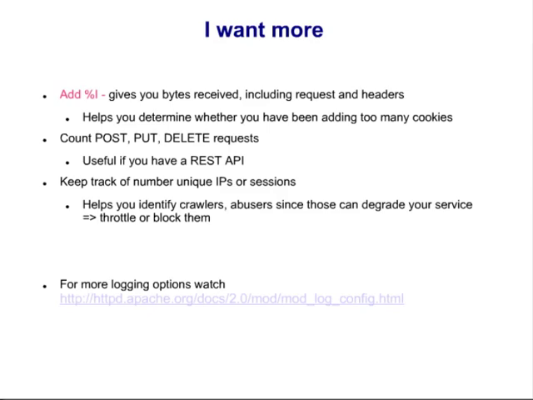So this may not be the most efficient way to do it. So that's why you want to keep track of it. If you're running a REST API, you may want to just keep track of posts, puts, or deletes.